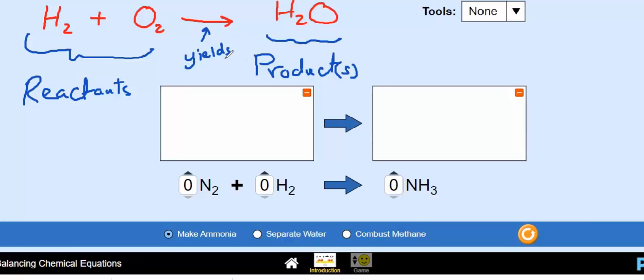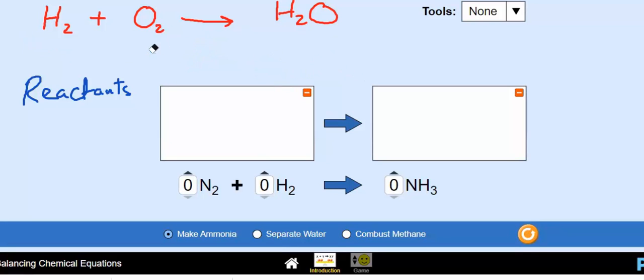Okay. Now, what do we mean by balancing a chemical equation? Let me erase this one here. Balancing a chemical equation means that we have to make sure that the number of elements on the left-hand side equals the number of elements on the right-hand side. Okay. So for example, here on the left-hand side, we have two elements.